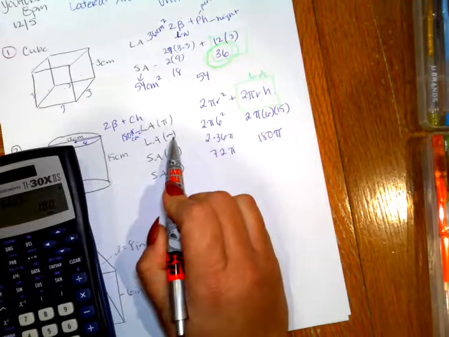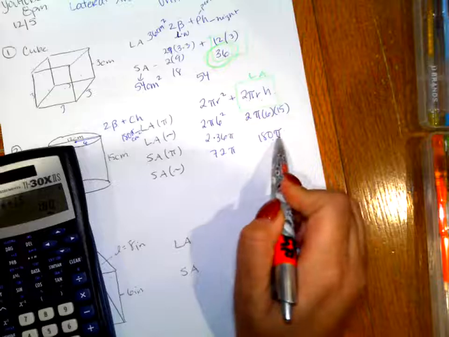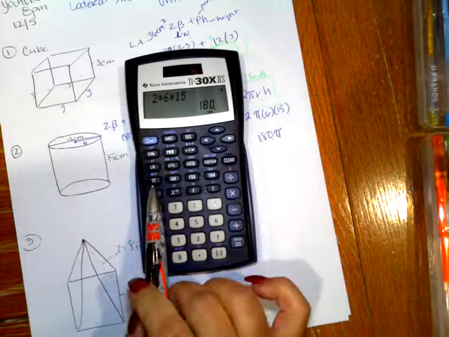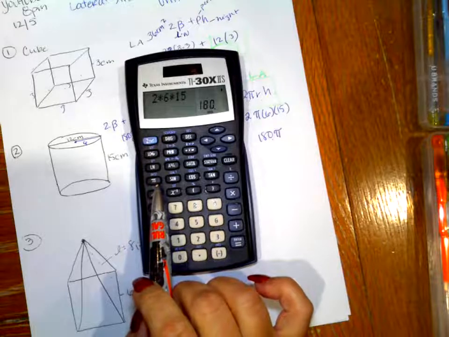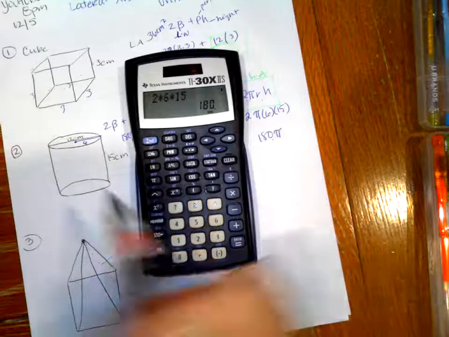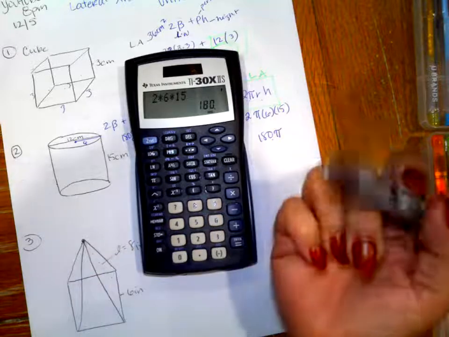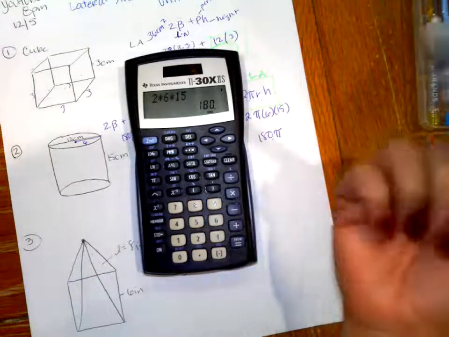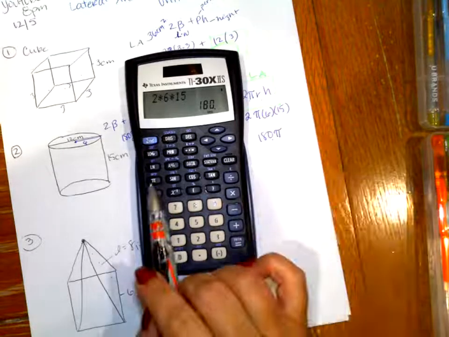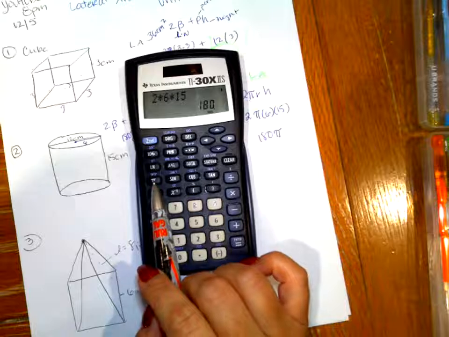My lateral area approximate means I'm just plugging in the numbers for pi. All right, on this calculator, you have a pi button. If you don't, your teacher will tell you how many digits of pi they want you to approximate. For a lot of them, it's just going to be use 3.14, 3.14159. It'll tell you on your exam how much they want you to approximate it by if you're not using a calculator like this that has the pi button.